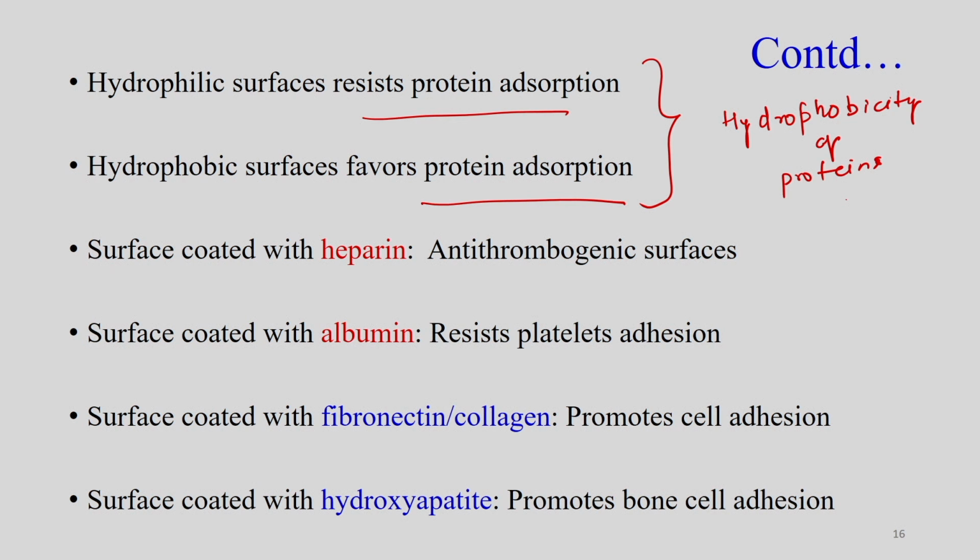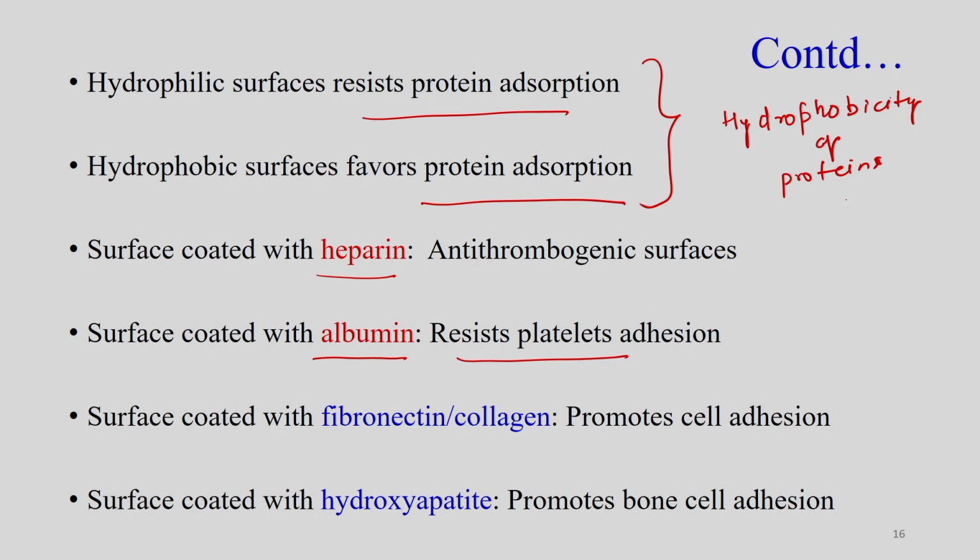Also, if you are particularly looking for the blood contacting surfaces, we can coat with anti-thrombogenic agents like heparin to avoid the blood clotting. So, if you want to resist the platelet adhesion, you can pre-adsorb the surfaces with a non-adhesive protein.